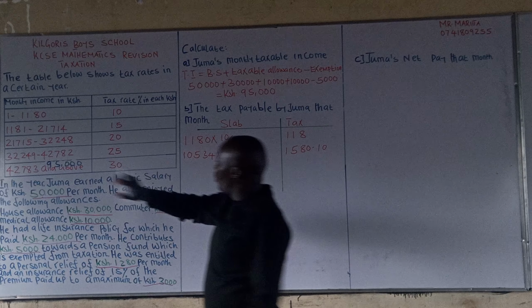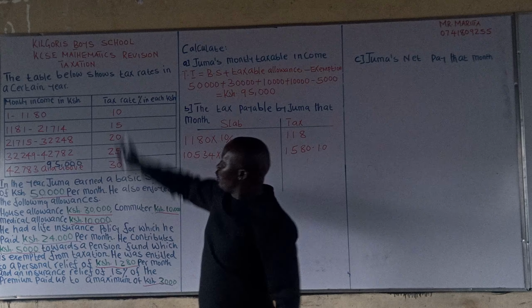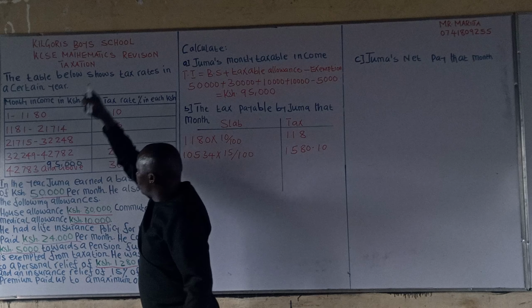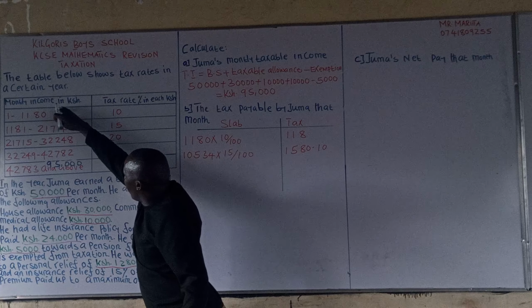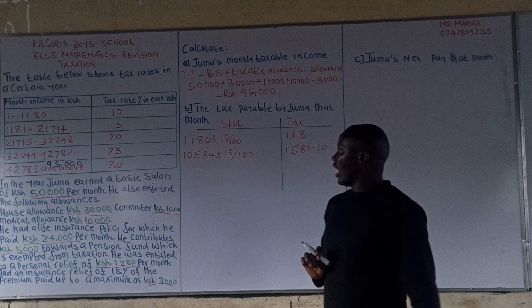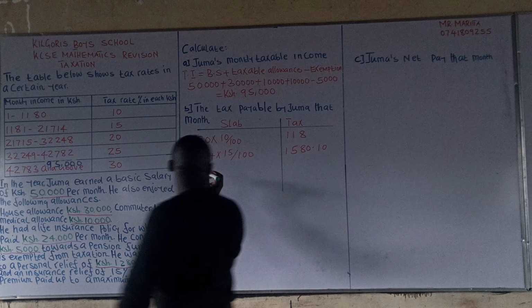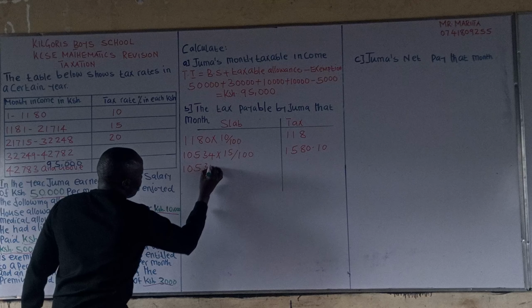Then the next step we have 32,248. So you also find the difference. You subtract 21,714 from 32,248. That also gives us a difference of 10,534.